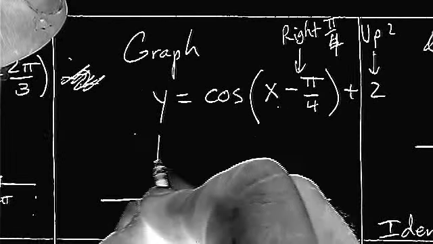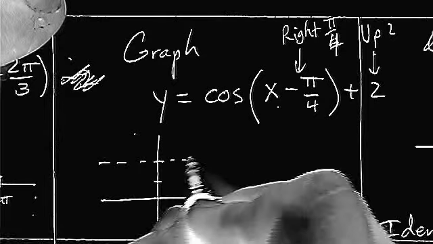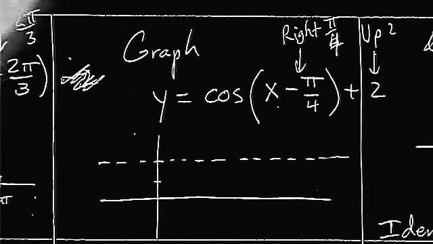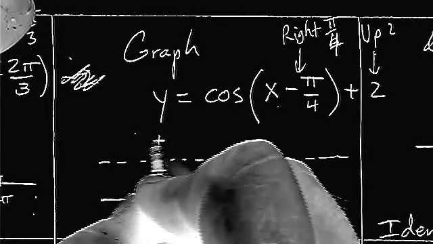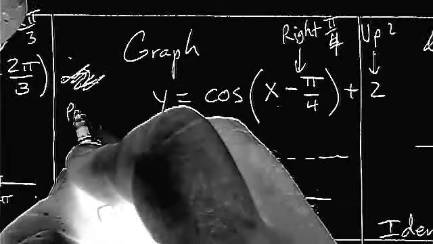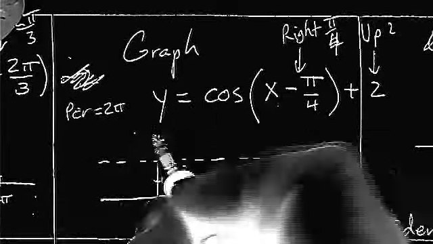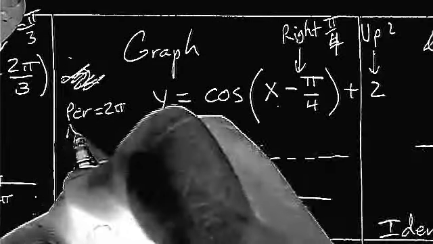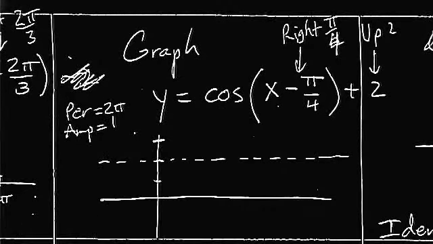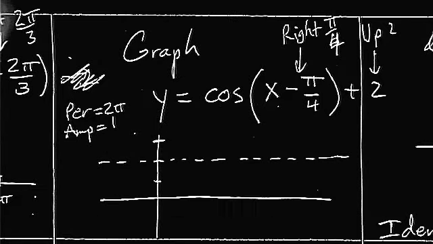Remember that if you moved it up 2 units, then the center line of the graph has moved up. It is no longer the x-axis. We know that the period of the function is still 2 pi. We have not changed that because no scale changes occurred. We know that the amplitude is still 1 because no scale change on the vertical has happened.